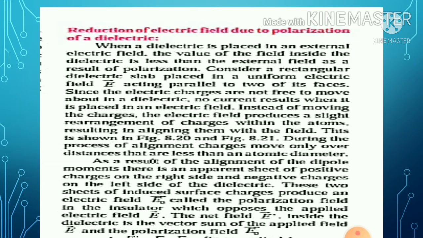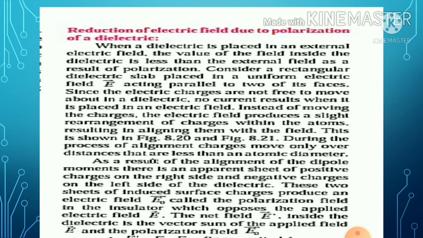The electric charges are not free to move about in a dielectric, so no current results when it is placed in an external field. No free charges move inside the dielectric, so no current flows in the dielectric slab.